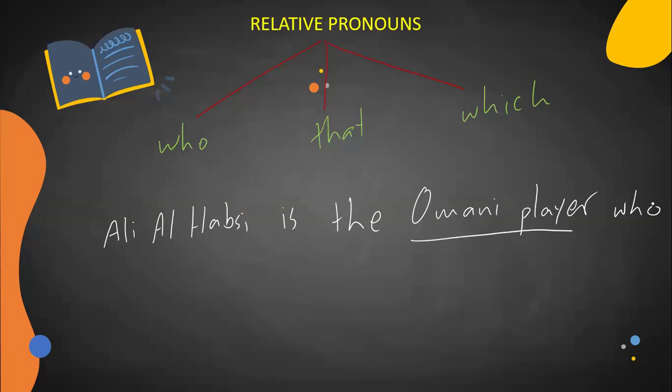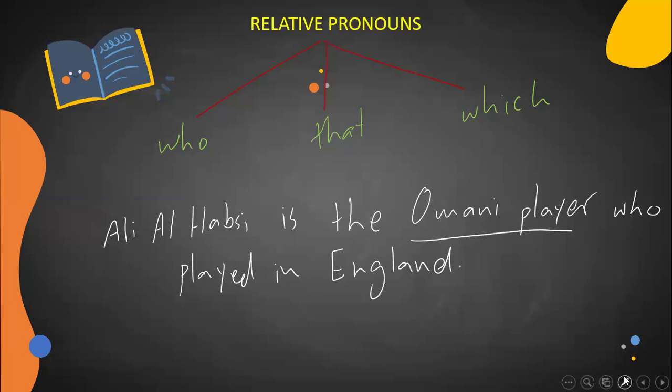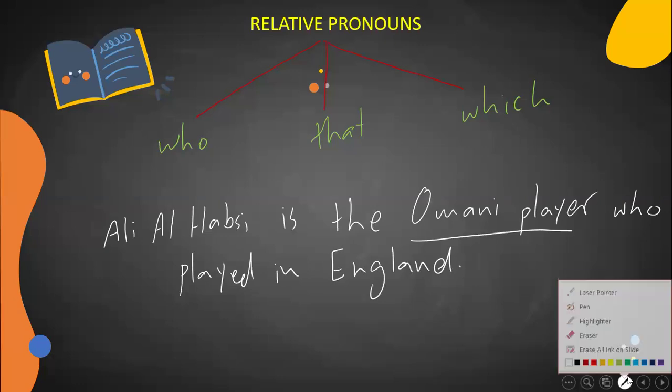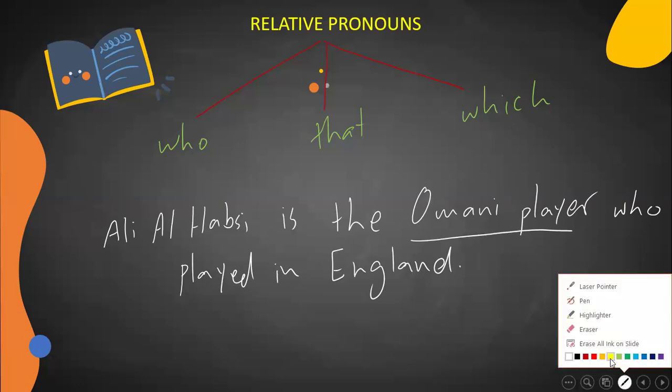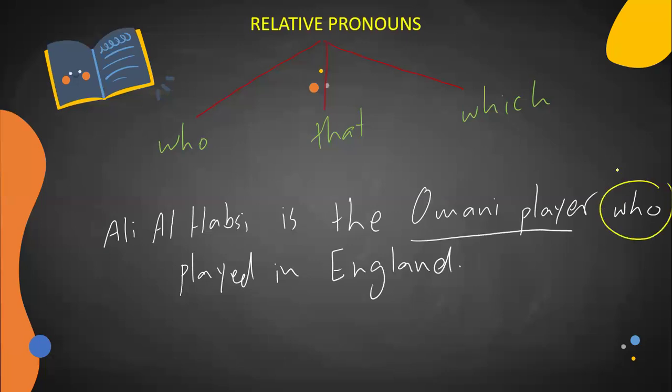Ali al-Habsi is the Omani player who played in England. Again, Ali al-Habsi is the Omani player who played in England. So who goes back to the Omani player. The Omani player is a noun in the sentence.